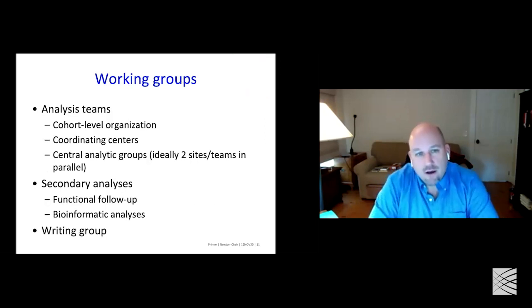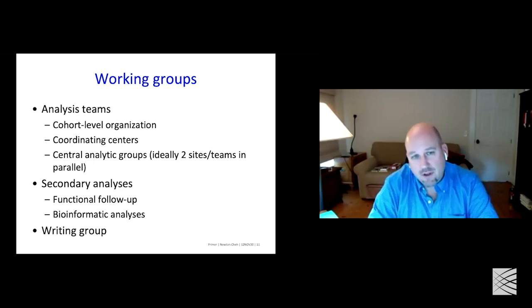And then one should have working groups, and these essentially report up to the steering committee. Examples of working groups might be analysis teams. There are multiple levels of organization here. One is at the cohort level. So if it's a study that has, say, 20 different contributing cohorts, then there will be analyses that are happening in a distributed and parallel manner at each of those sites.